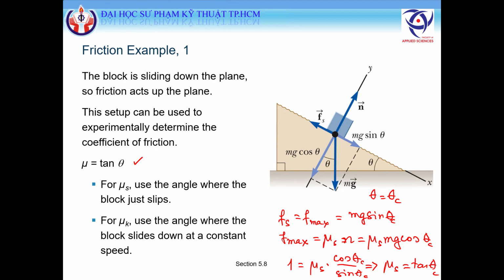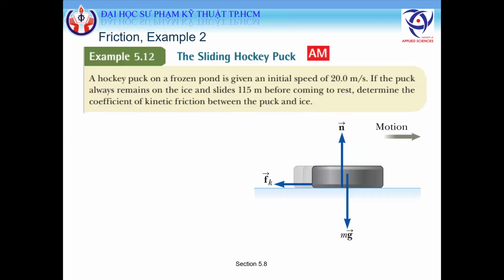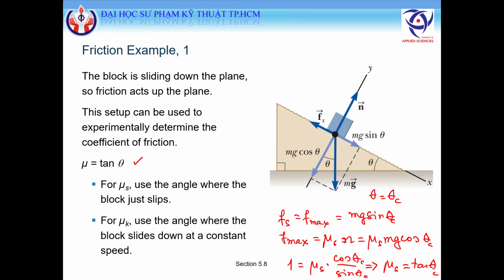Now, what happens if we let the block slide down? Then what's the acceleration of that? So in case theta is bigger than theta c, right? Then you have the kinetic friction.